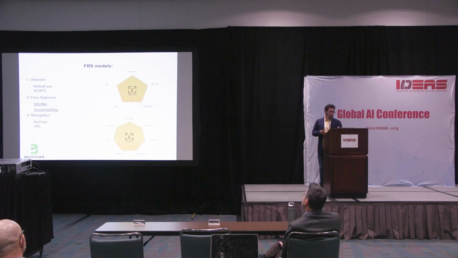For alignment, we have STUNet and then Coordinate Regression. And then for recognition, we have ArcFace and VPL. These are the famous ones, but there are other ones that you can see in the graph too. Each one has its own accuracy and performance in terms of the time that it takes to respond.